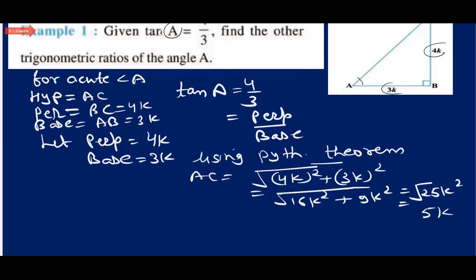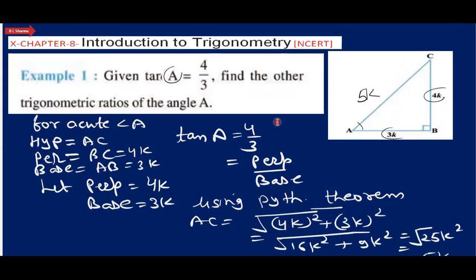So the hypotenuse is 5k. अब हमें यहाँ पे तीनों साइड मिल चुकी हैं. The perpendicular is 4k, the base is 3k, and the hypotenuse is 5k.